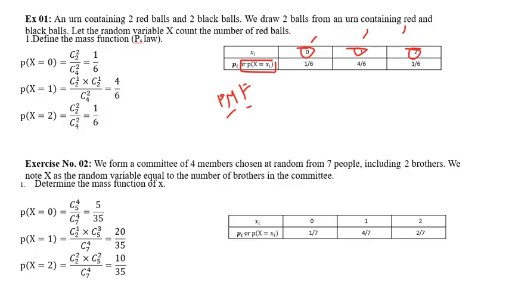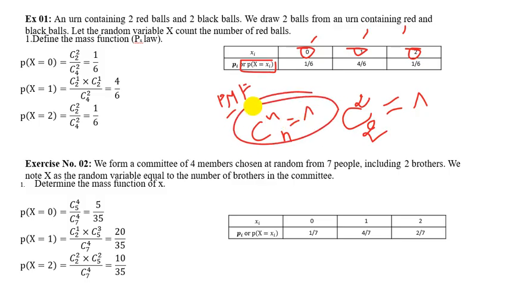That means I choose 2 black from 2 black. The combination of 2 from 2, we know that C(n,n) is 1. So it is 1.